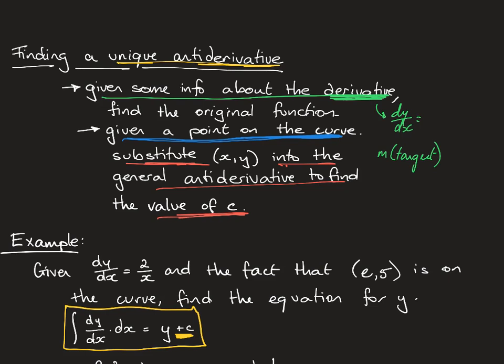And so we're going to set that up using the formulas that they've given us. So they've said to us that our dy dx is 2 on x, so that's going to go in there. We've got our point on the curve, e, 5 is on the curve, and we're going to substitute it in. So away we go.